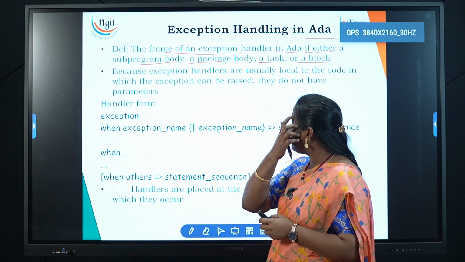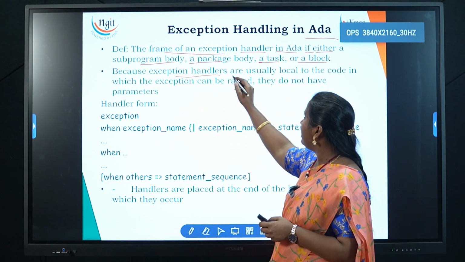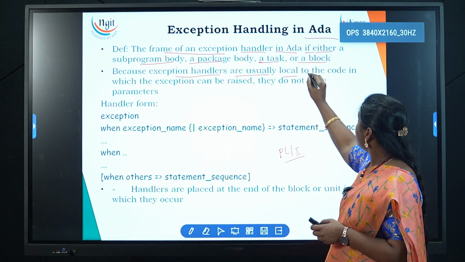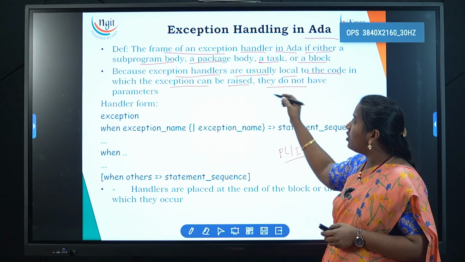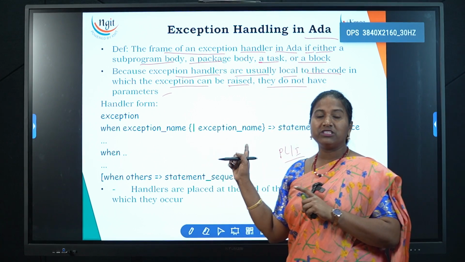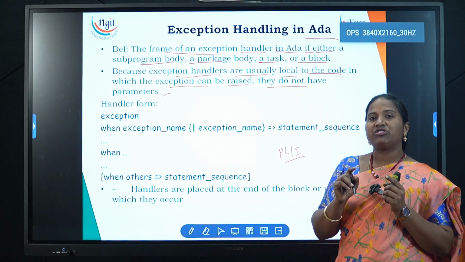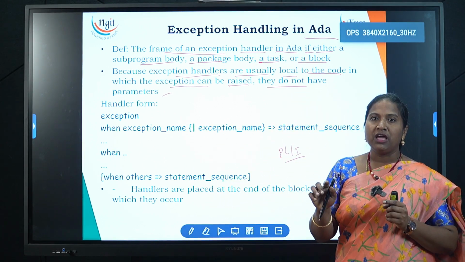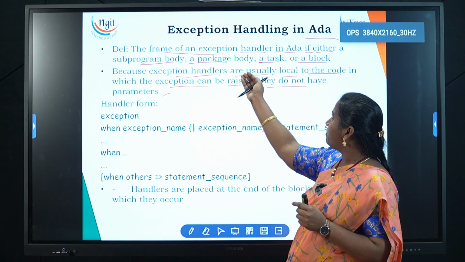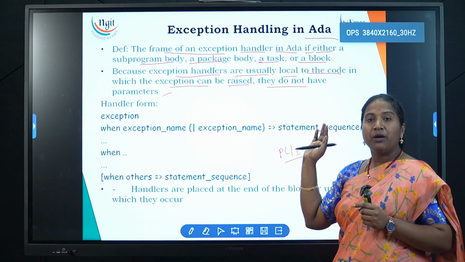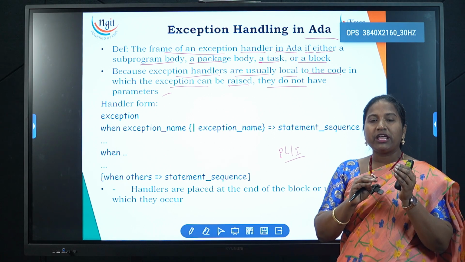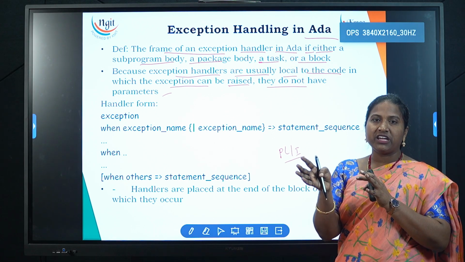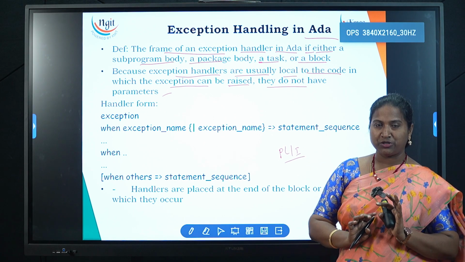Now let's look here. Because exception handlers are usually local to the code in which the exception can be raised, they do not have parameters. This is important. When the exception is raised in the local body, whether it is a subprogram body, package body, task or block, then inside the unit there won't be any parameter specifically declared to execute that exception handler.